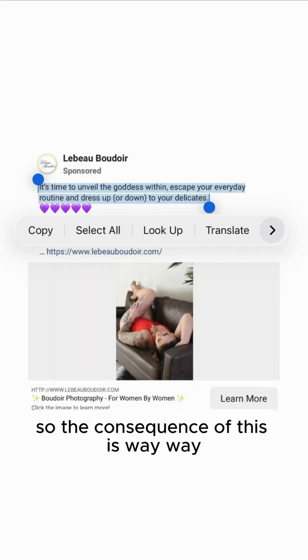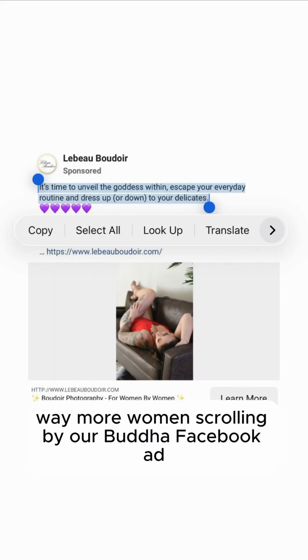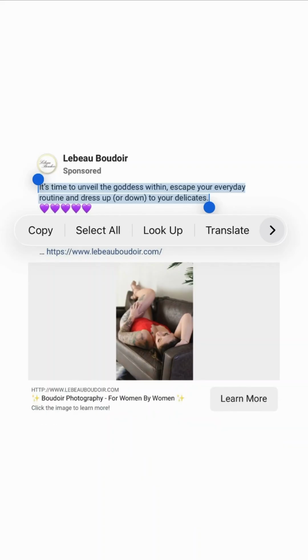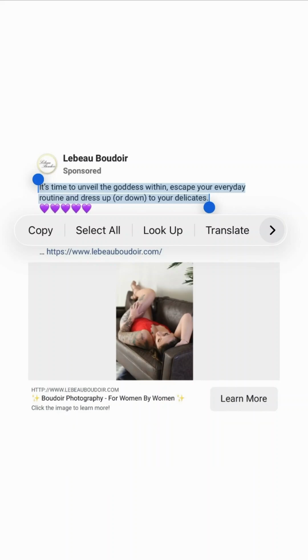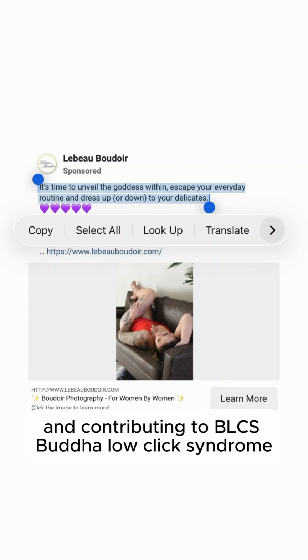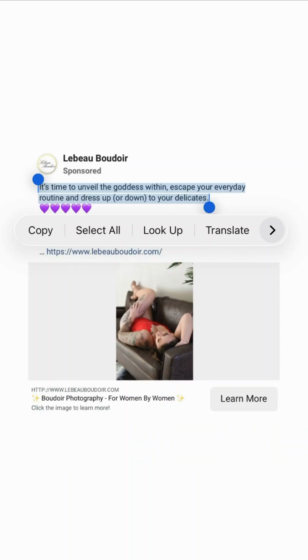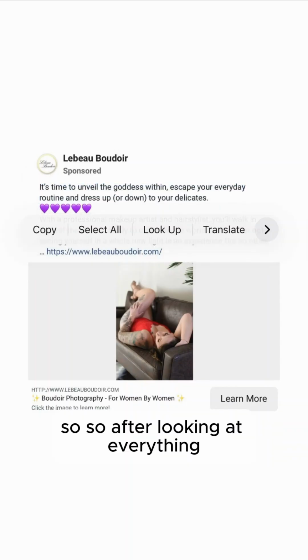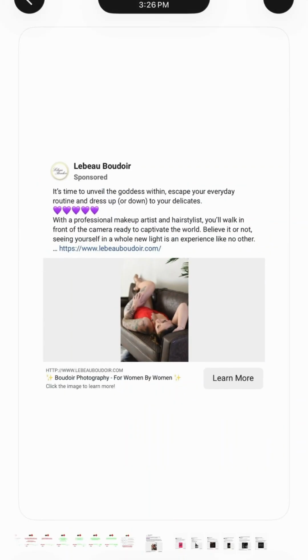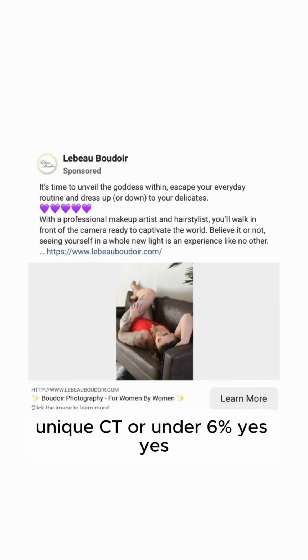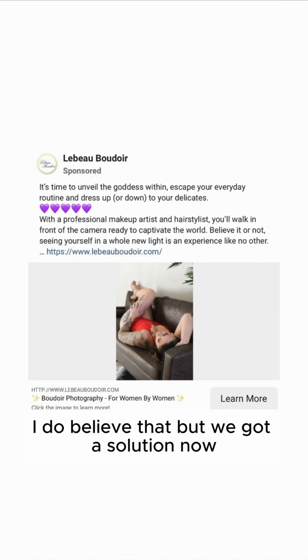So the consequence of this is way, way, way more women scrolling by our Boudoir Facebook ad than necessary, resulting in pulling unique CTR under 6% and contributing to BLCS, boudoir low click syndrome. So after looking at everything, do I believe this Boudoir Facebook ad has boudoir low click syndrome, unique CTR under 6%? Yes, I do believe that.